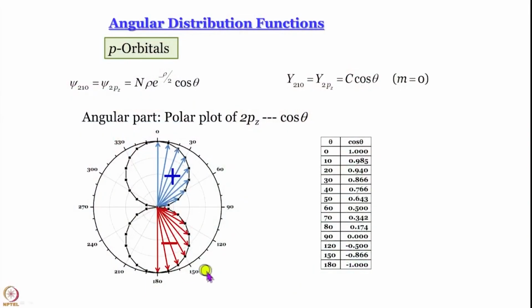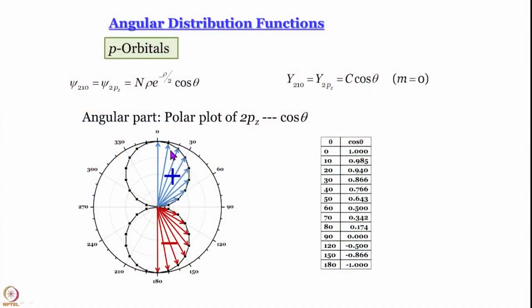Does it matter what phi is? For all values of phi, from 0 to 2 pi, whatever is the value of cos theta for a particular value of theta will remain the same. So if we just rotate it around by 360 degrees, we are going to get something that looks like a dumbbell, is it not?